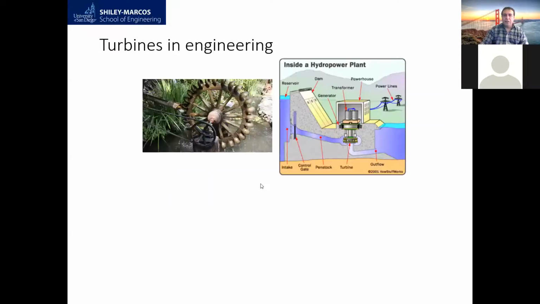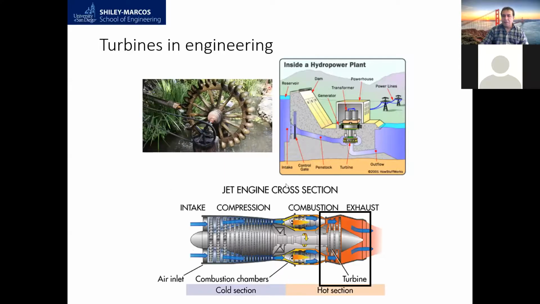Okay, turbine in engineering. We have some beautiful pictures, and this is the cutaway view of a jet engine cross section. We have an air inlet and a combustion chamber, because later on, if you take an upper division thermodynamics course, they're going to talk about the cycle.